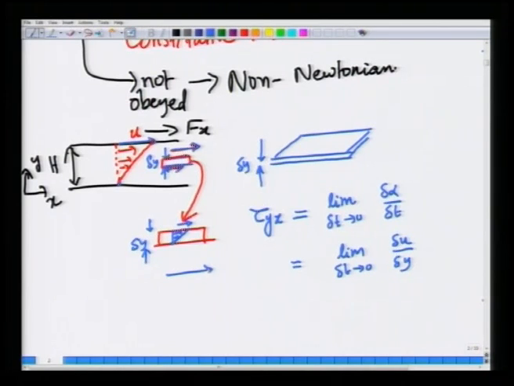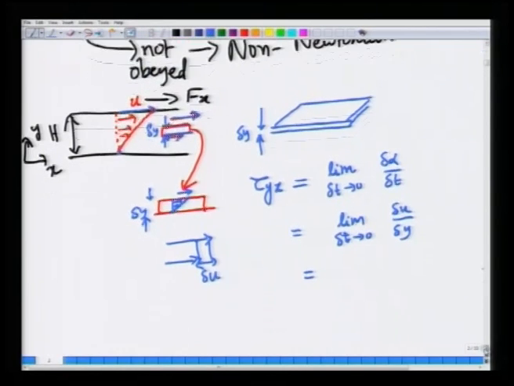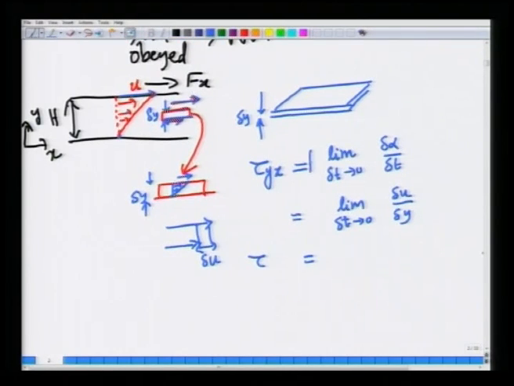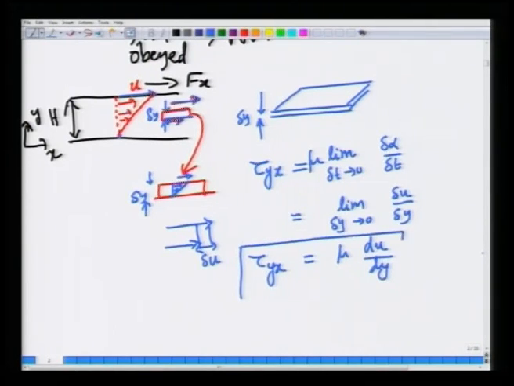So, we know that if you take a slice, the magnitude of the velocity differs between these 2 slices in this case. So, that magnitude of the velocity difference is delta u. So, as delta t goes to 0, this is the shear stress, this is mu times this. So, tau y x is mu du dy in the limit of delta t goes to 0, okay. The velocity difference, so this translates to delta y goes to 0, okay, becomes this.